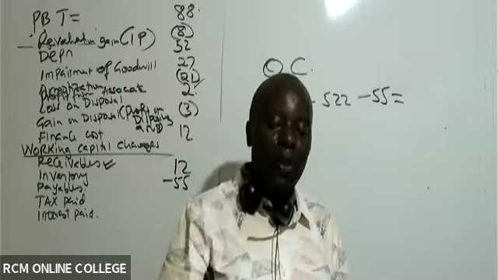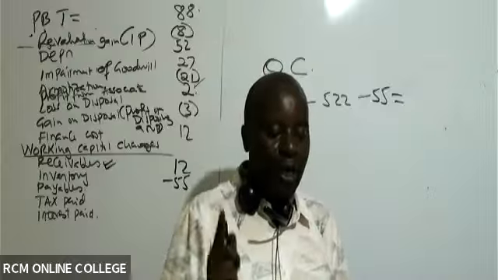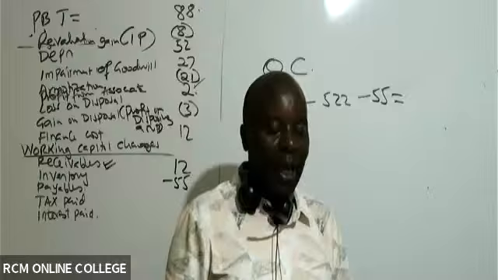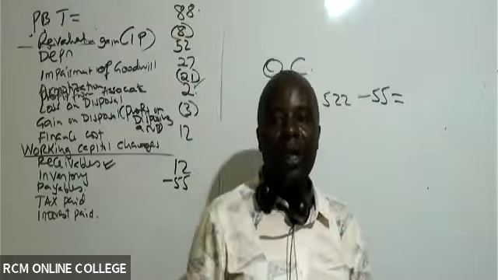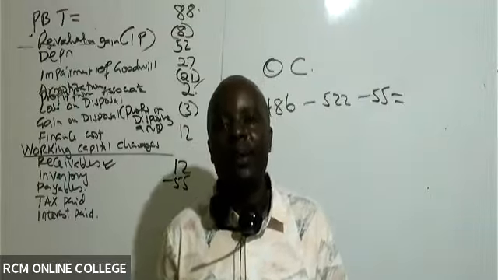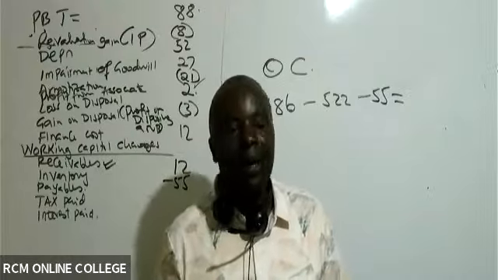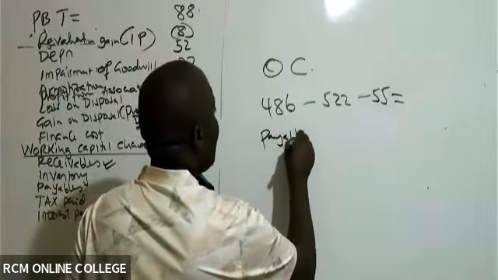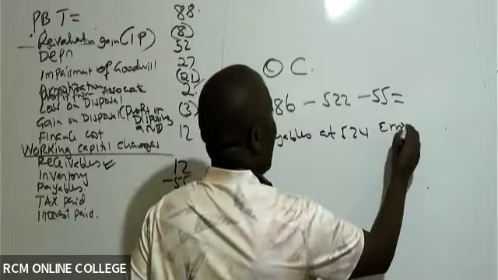Included in trade and other payables at the reporting date is 2 million that relates to property, plant, and equipment purchased during the period. That they purchased PPE worth 2 million. That lazy accountant took that figure to payables. So payables at 524 has an error of 2.